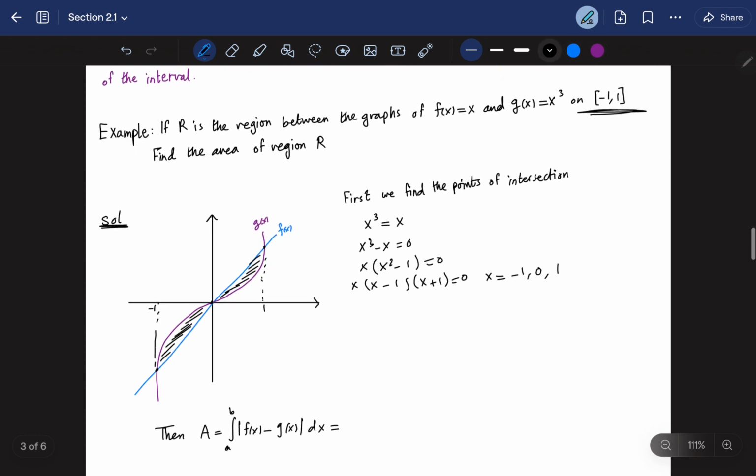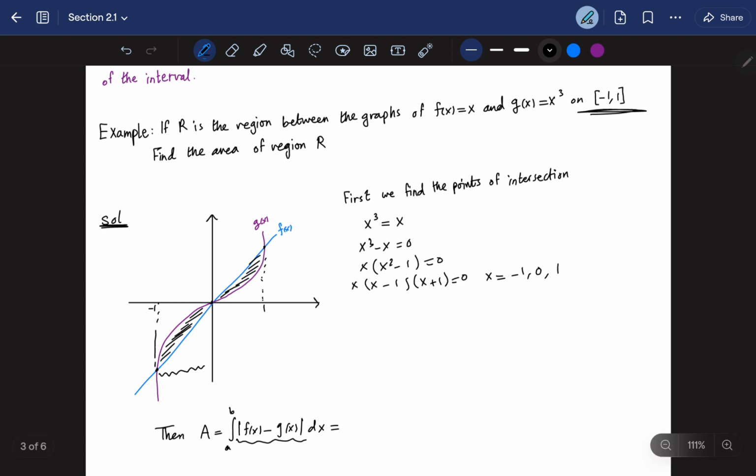Okay, now let's see. Since I have 2 integrals and 2 areas, and my functions cross on multiple points, I want to find the area, but I have an absolute value. So when you have an absolute value, you want to see whether your function is positive or negative inside of that absolute value. So let's look at the first interval that we have.